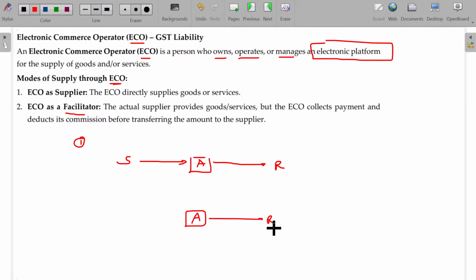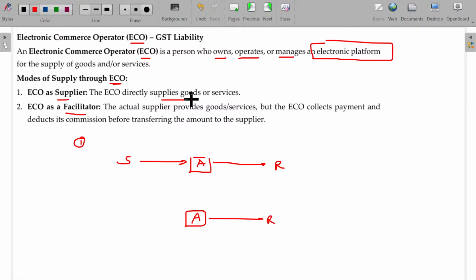You might have seen Amazon Basics. In case of Flipkart, they have their own version, like Marq ACs, which were very cheap when they launched their own product. If others' products are sold through the platform, the ECO is called a facilitator. If my own product is sold on my own platform, then it's called supplier.